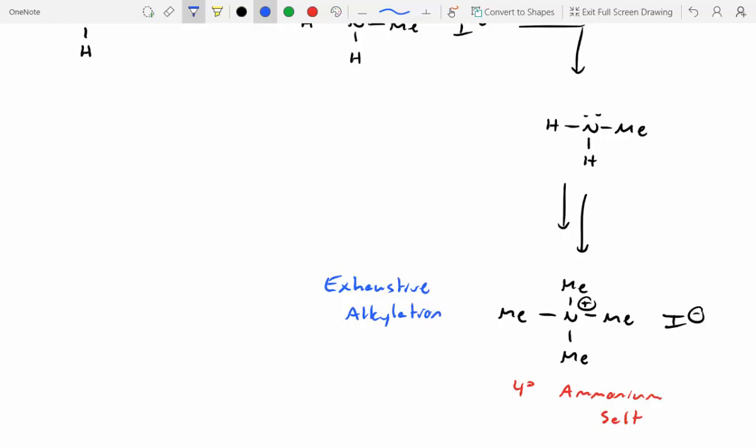Normally chemists aren't looking to exhaustively alkylate something, and the reality is that this is not synthetically useful for primary amines. So it'll usually overshoot and give you your quaternary amine. Does that make sense? I'll show you guys some other routes, though, for making substituted amines that are a lot more environmentally friendly and a lot more useful.